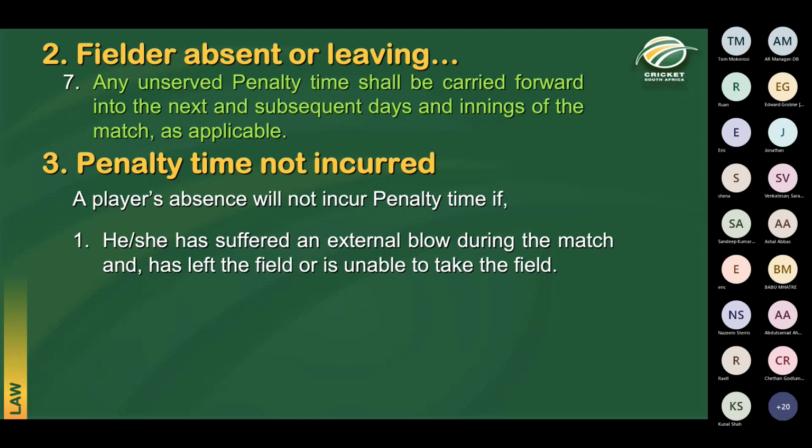Okay. Another example of an external blow is when two fielders run into each other and collide. That is an external blow. So the ball doesn't need to be the blow that is delivered. The blow can be against the ground.